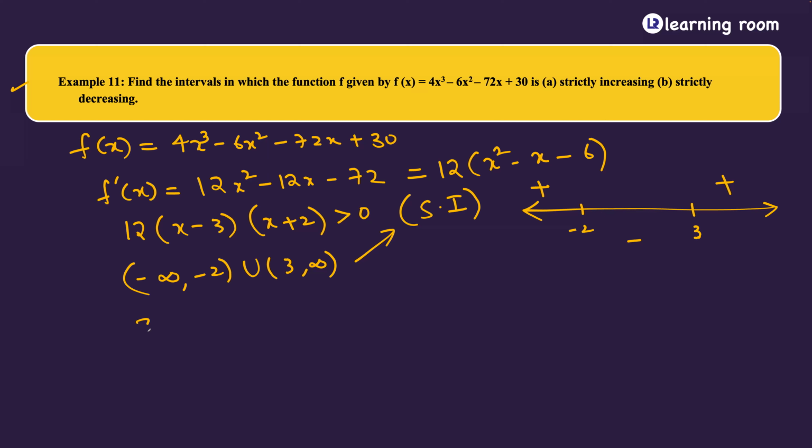So what about strictly decreasing? x minus 3 into x plus 2 is less than 0, which implies x belongs to minus 2 to 3. Means I need to substitute those values of x in this inequality which will always generate a negative value. So it is between minus 2 to 3. Is that point clear? Please check the answer once and tell me if there is any change. Open brackets I have used. But in the question, have they asked strictly or only increasing?